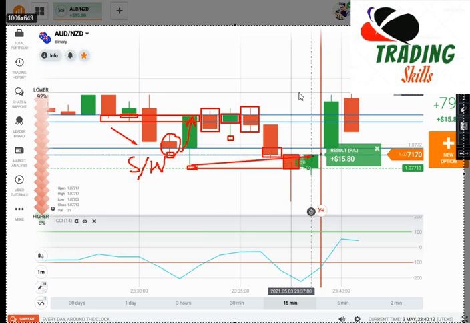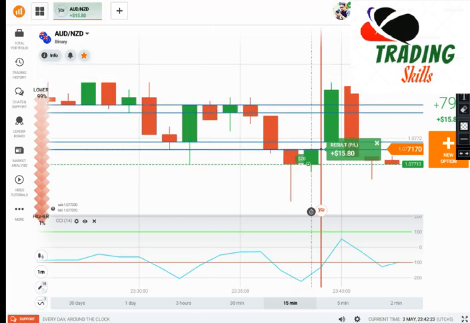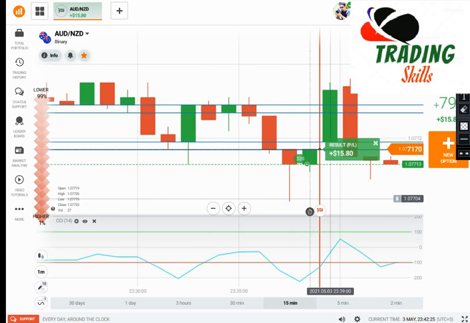So this is how you can analyze the market, and this is how you can easily predict the candles according to the market situation. Okay, I want to show you a few more things. Now you can see I came here and I took my trade here.